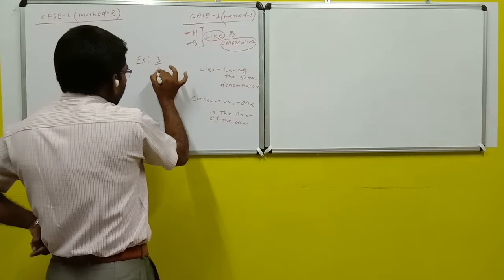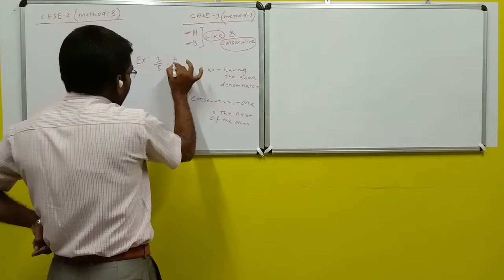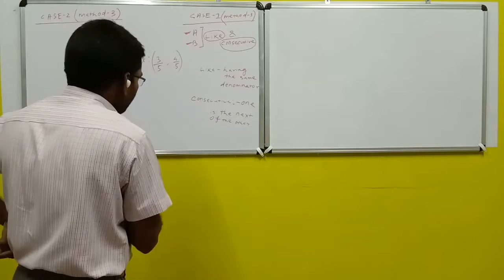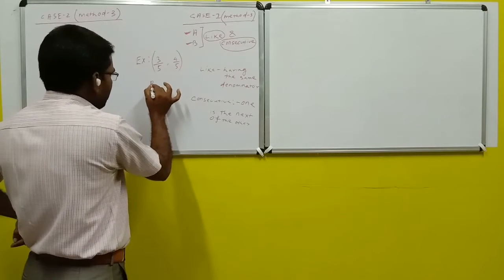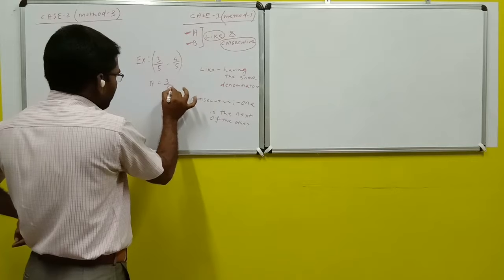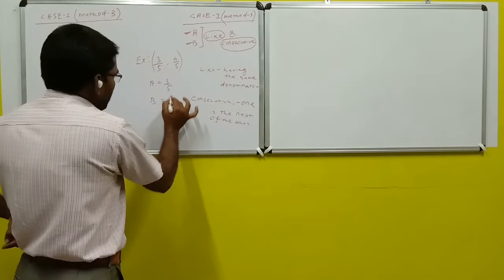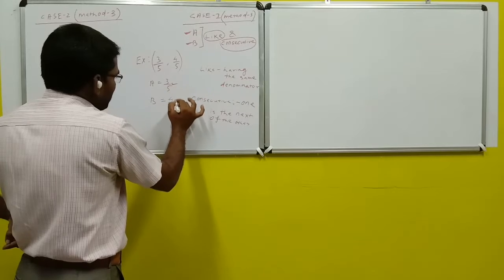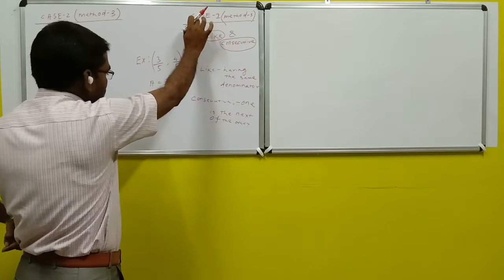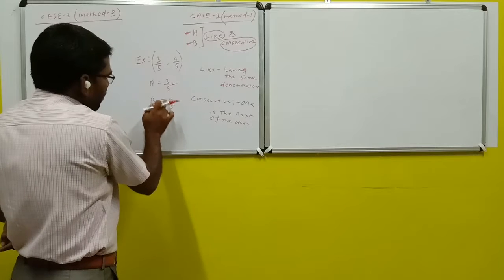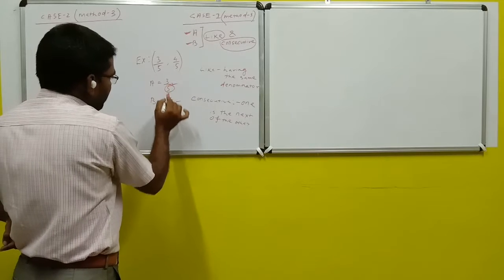suppose 3 by 5, 4 by 5 are your given rational numbers. It means value of a equal to 3 by 5 and value of b equal to 4 by 5. So these two are your given rational numbers in case 1, and you see that both the rational numbers have the same denominator, that is 5.